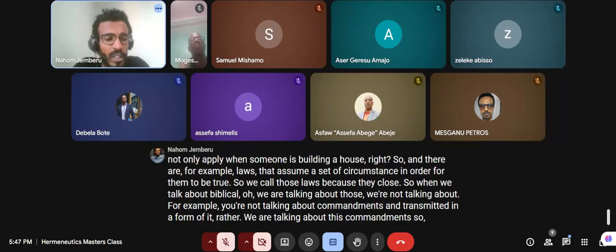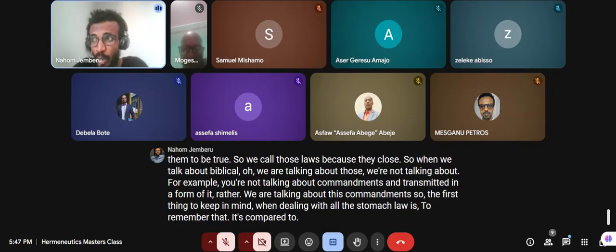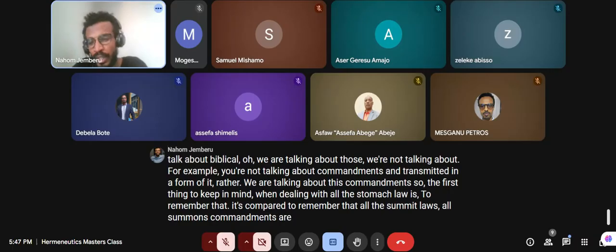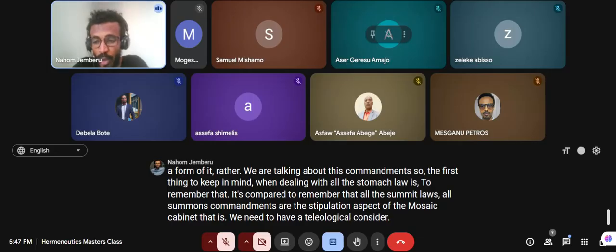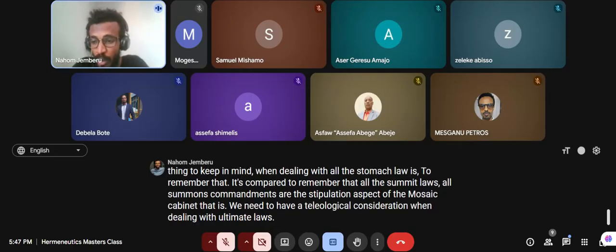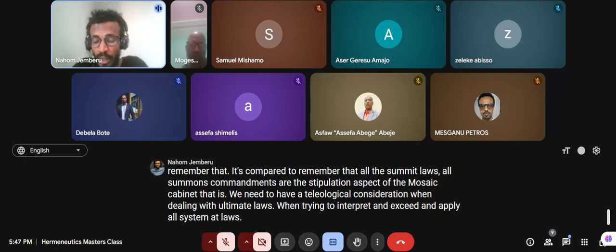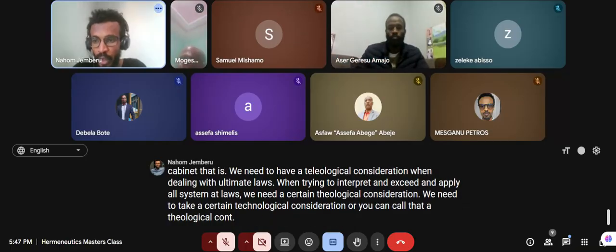So the first thing to keep in mind when dealing with Old Testament law is to remember that the Old Testament laws, the Old Testament commandments, are the stipulation aspect of the Mosaic covenant. That is, we need to have a theological consideration when dealing with them. When trying to interpret, exegete, and apply Old Testament laws, we need a certain theological context.